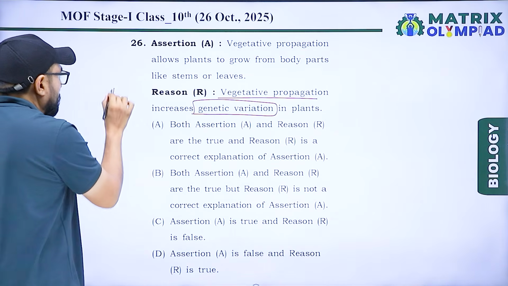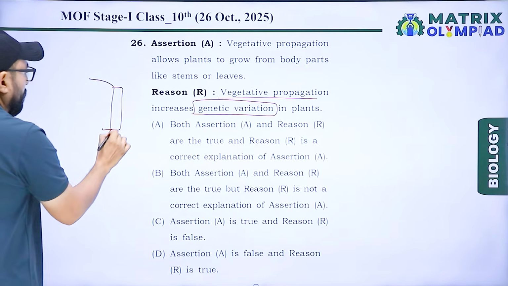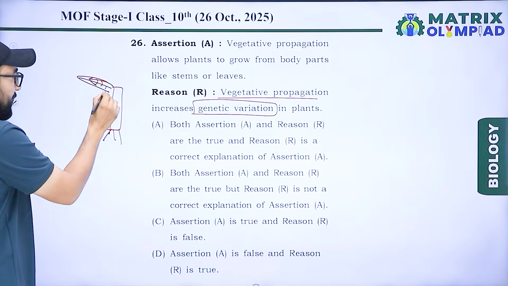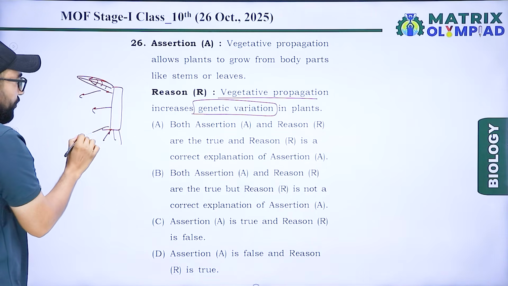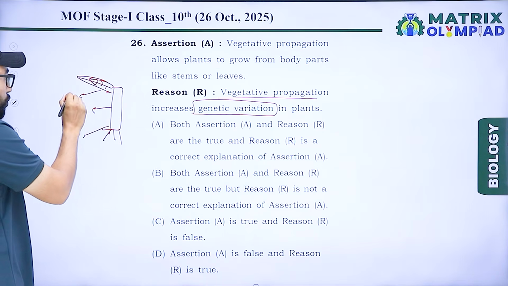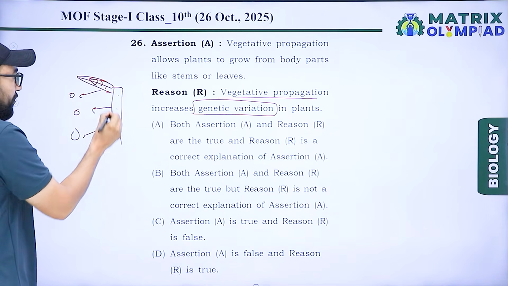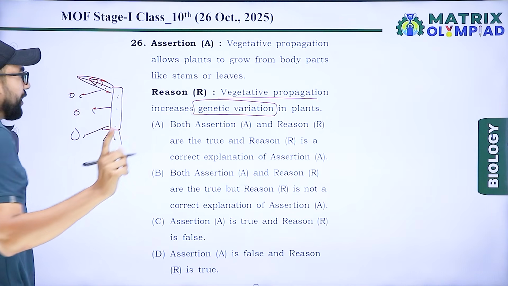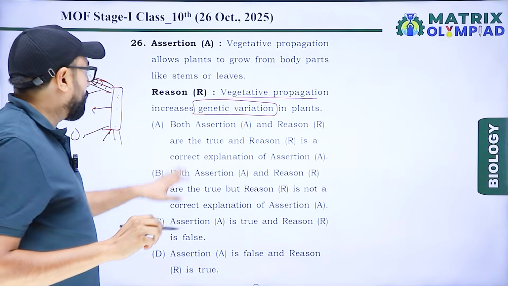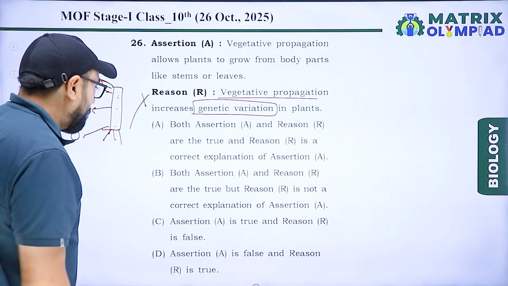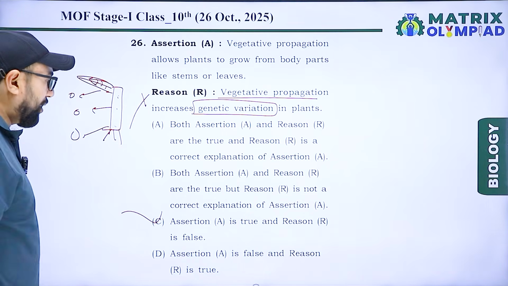No, because vegetative parts, root, leaf, and stem, participate in the formation of a new plantlet. The new plantlet contains only somatic, parental characters, and no variation is found in plantlets. So the reason is wrong, the assertion is true. Option C is correct for this question.